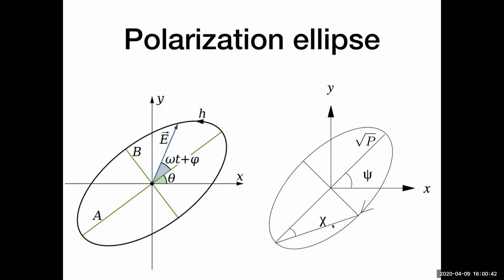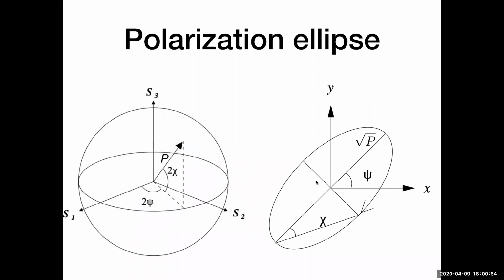So now we have an amplitude parameter, an angle that goes 0 to 180, and an angle that goes minus 45 to plus 45. If we take those limits and double those angles, this is basically a spherical coordinate system. We can define this spherical coordinate system, which is the parameter space of any possible polarized wave.